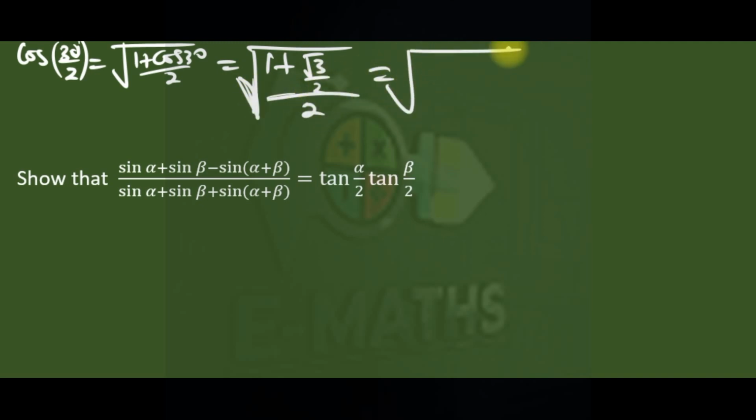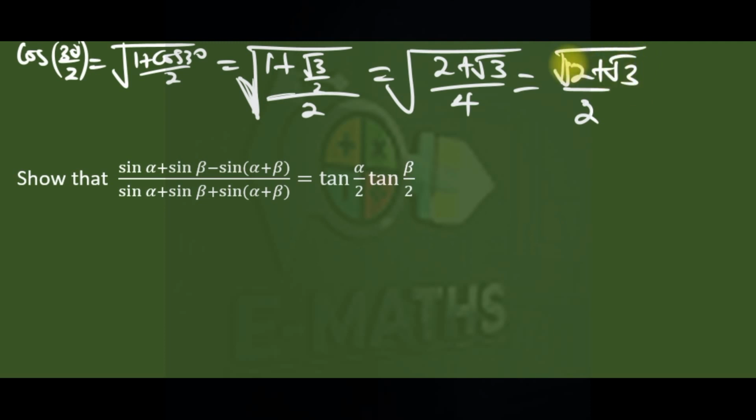The LCM gives 4 in the denominator, so 2 plus root 3 over 4. Finally, the square root of 4 is 2, and the square root of 2 plus root 3 remains.